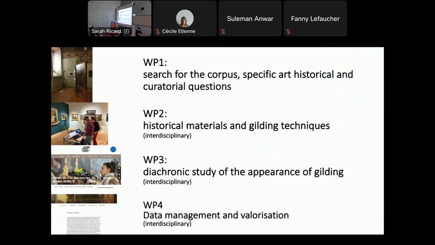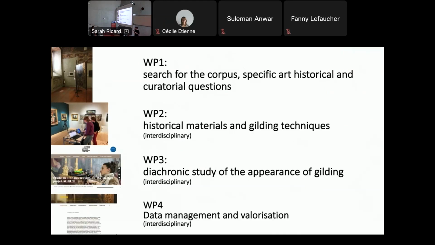So the project is separated in 4 working packages that are meant to be interdisciplinary. So the first one is very much about art history questions, but also museography questions of how to exhibit gold and how to understand gold in the museum context. The second one is about the historical materials and the techniques that are used in buildings in collaboration between art historians and physical chemists.